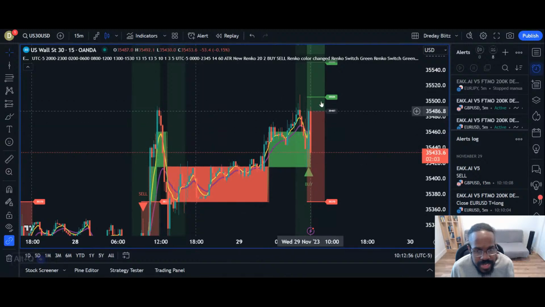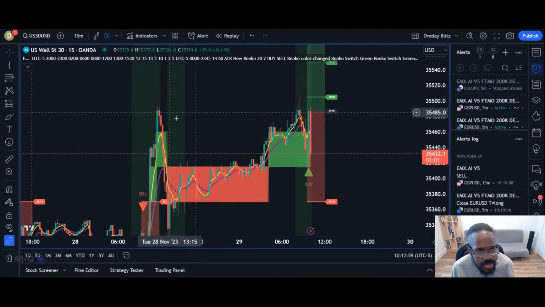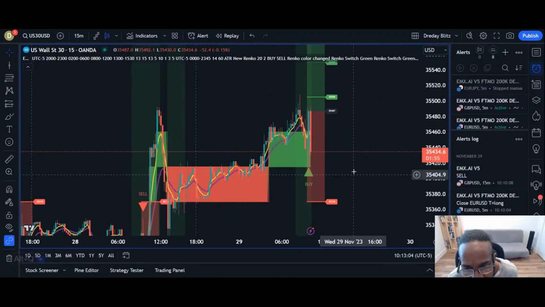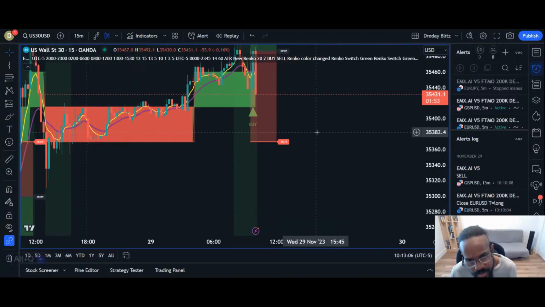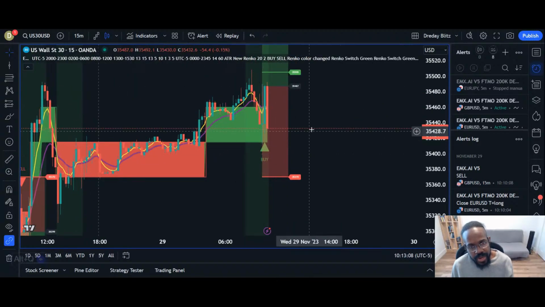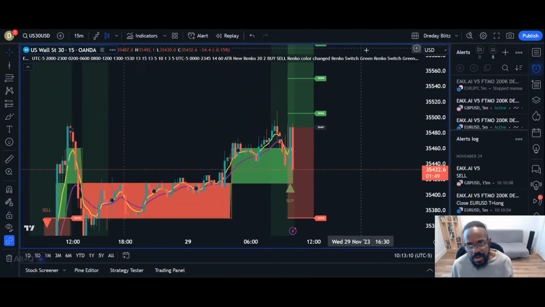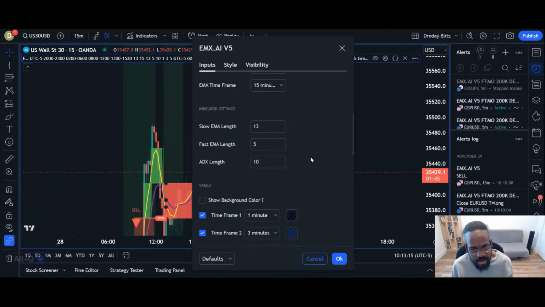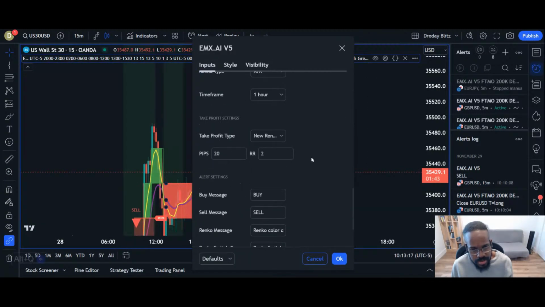If we see the price action here, it went and took out that high here, and now it's pushing down. So we'll wait and see if we have a switch in the market based off of the Renkos.